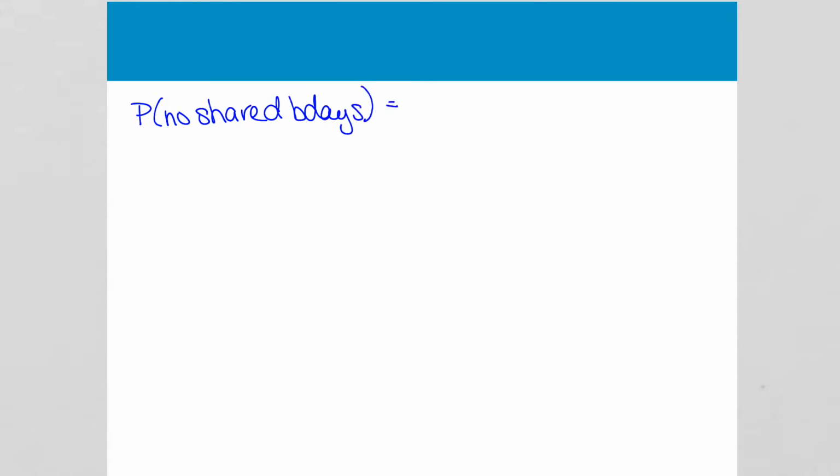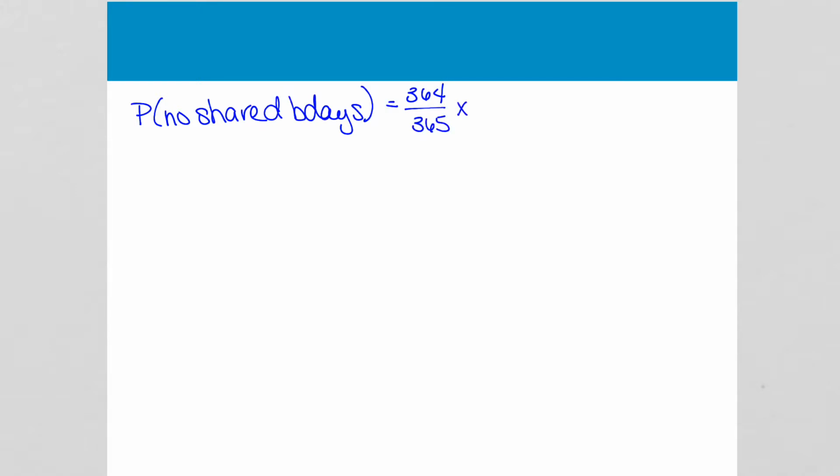Well, if we use that first reasoning that we talked about with repetition, then the probability that there wouldn't be a shared birthday would be 364 out of 365.